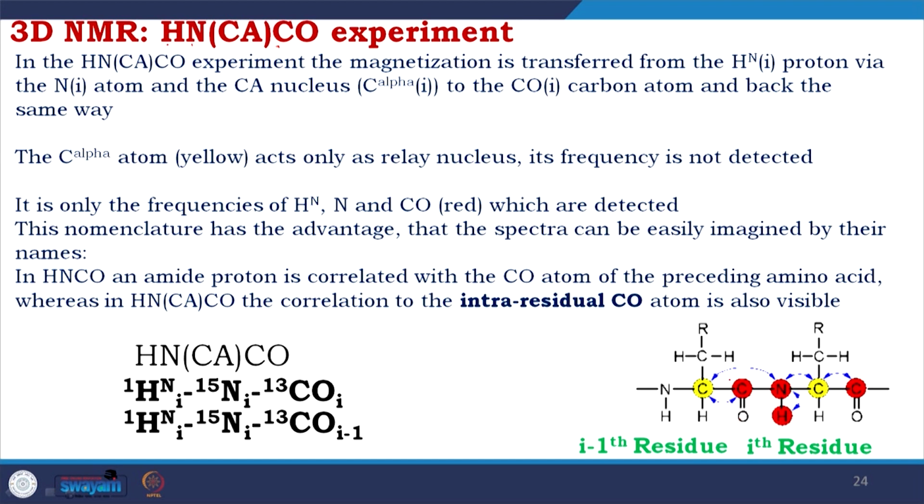So the two carbonyls are measured, but the C alphas are used for relay, and their frequency is not detected. Okay. So in the HNCO an amide proton is correlated with the carbonyl atom of the preceding amino acid, whereas in the HNCACO the correlation to the intra-residual carbonyl atom is also visible. So here you get information between the two carbonyls.